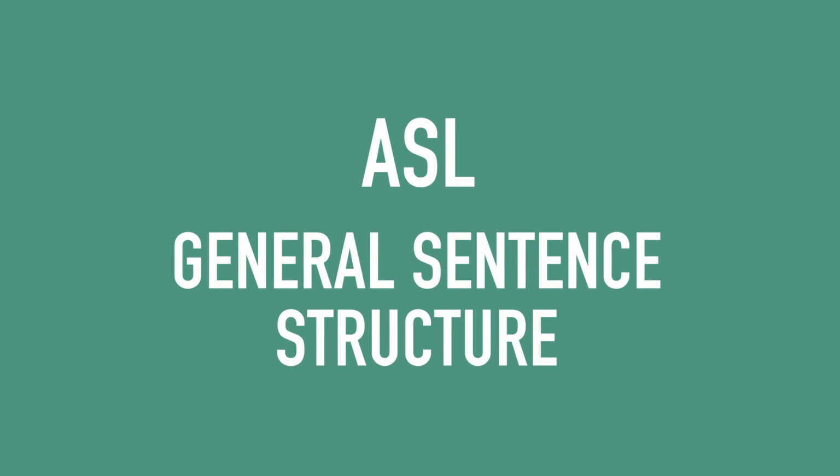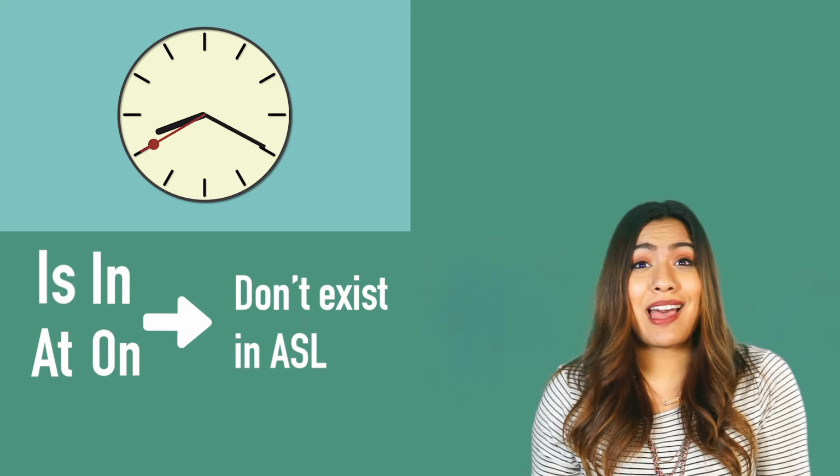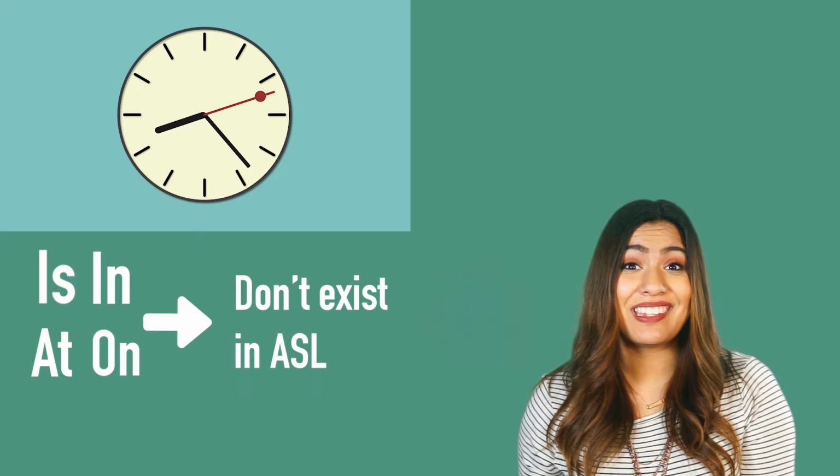If you're wondering how to form sentences in ASL, we have a general sentence structure, which is time, topic, comment. In English, that doesn't matter so much, whether time comes first or whether it comes at the end, because we have those little words like is, at, in, on, all those signs that don't really exist in ASL.